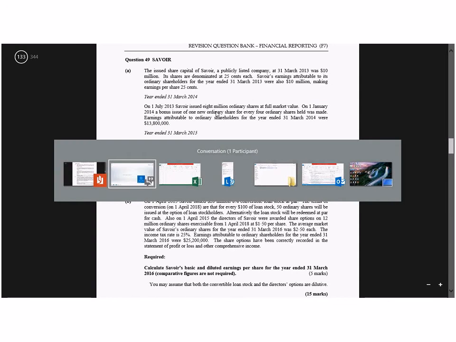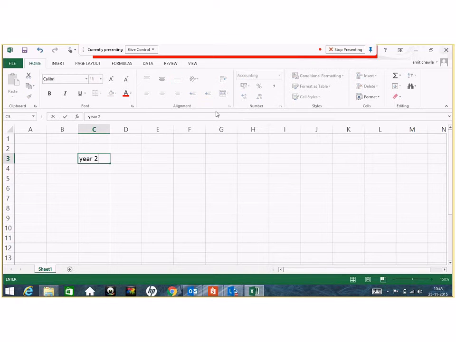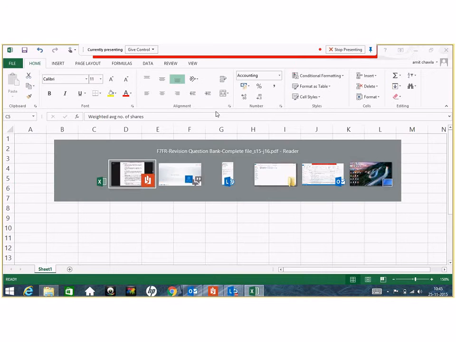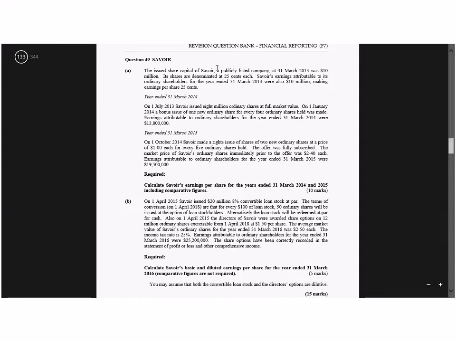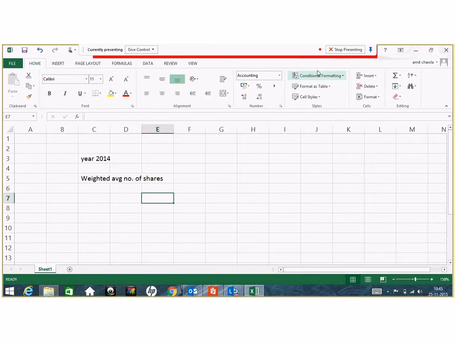So let's do one thing. Let's look at the year 2014. If you calculate the weighted average number of shares, we are saying that originally they had 10 million, sorry, it's basically 25 cents shares worth 10 million, which means that they were in total 40 million shares.